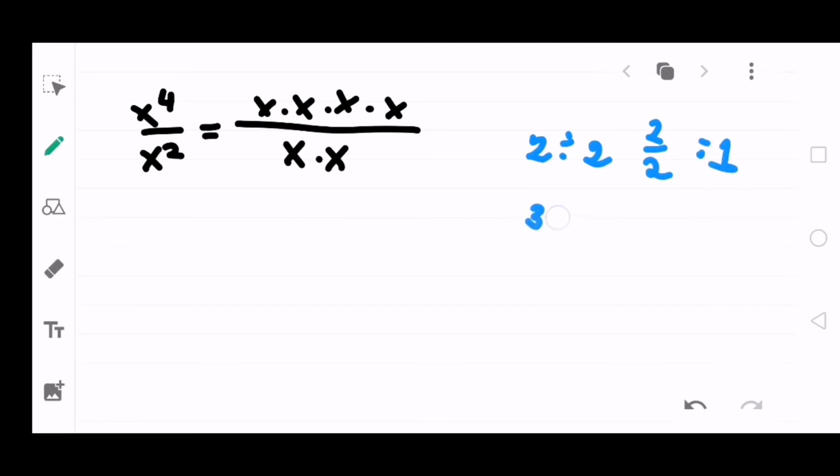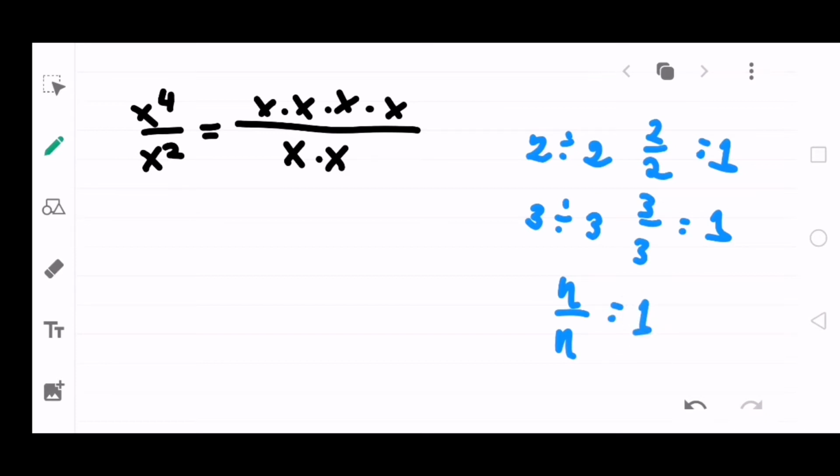Another one, 3 divided by 3 or 3 over 3, that is also equal to 1. So as long as the numerator and the denominator, or the dividend and divisor, are the same, that will always yield to 1. So in general, whenever the numerator and the denominator are the same, technically that will give us 1.